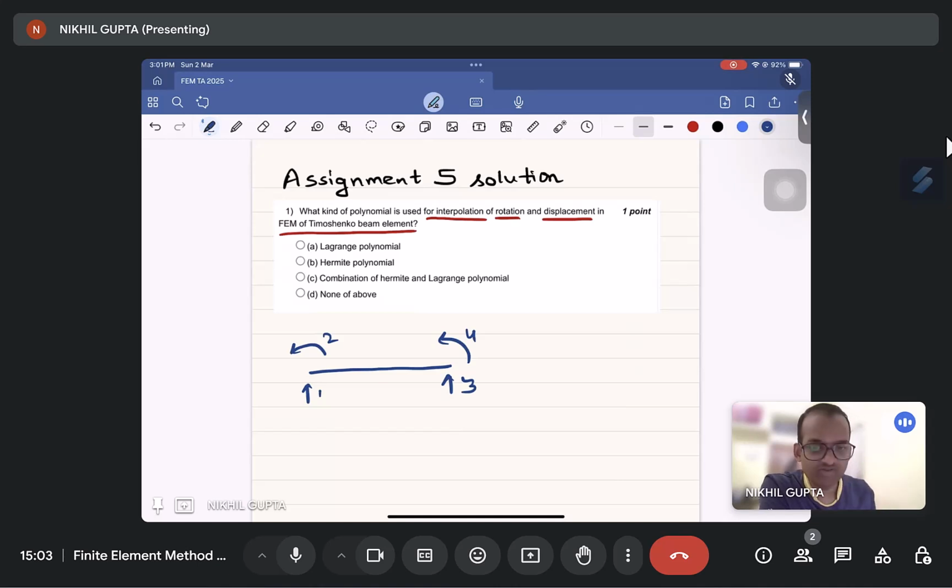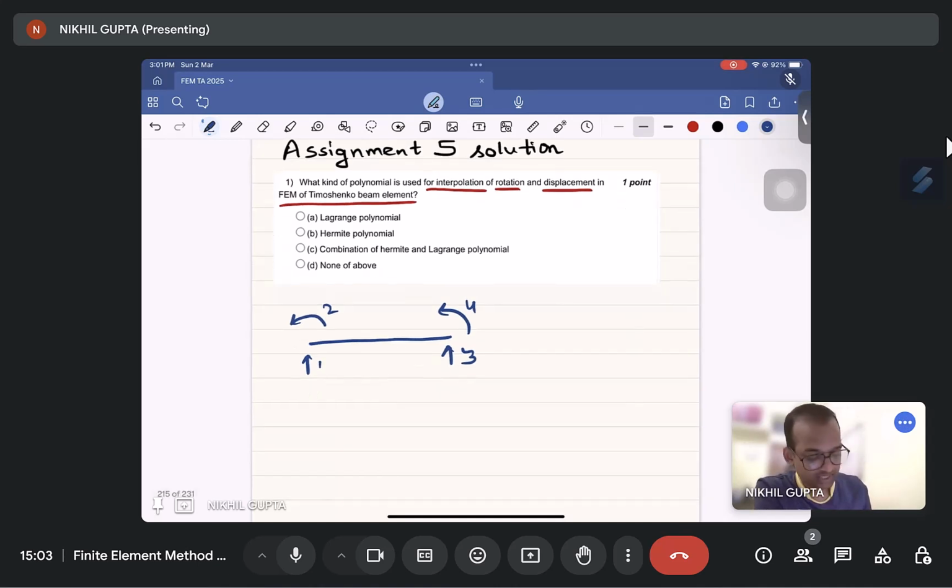So for a member you have 4 elements like this. For a Euler Bernoulli beam, you have in the theoretical class that it is a Hermite polynomial. This is the interpolation function.